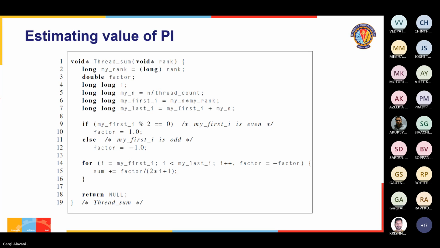In this code you can see that again we have my first and my last, because we have to divide the total elements into different factors which will be calculated by each thread individually. So a similar approach is needed here.